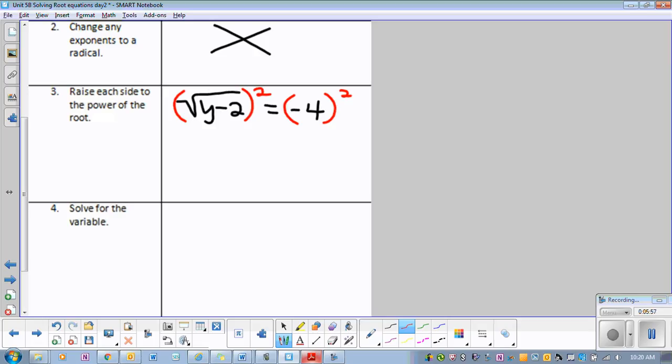Okay? So then that square root and that square cancel out. Then I have y minus 2 equals, what's -4 squared? -4, make sure you put that in parentheses. Good. 16.